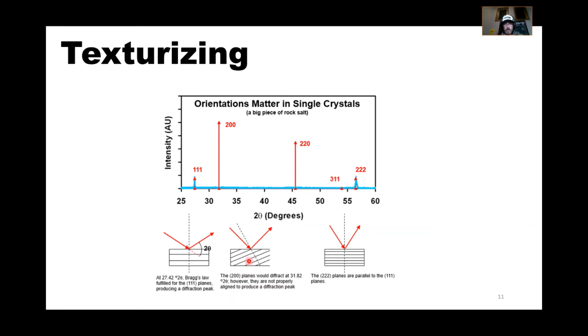Because of the orientation, this is single crystal, right? You can't see these other peaks, so you can't see the 200 and 220 planes, just because of the orientation. You can see 222 simply because 222 is just the half step of 111, so it's pretty much the same orientation. And you can't see 311 either.